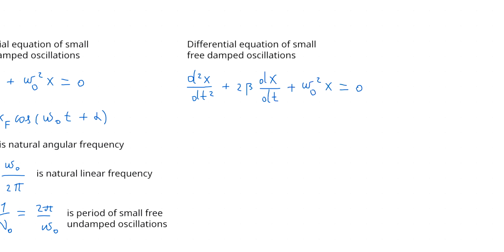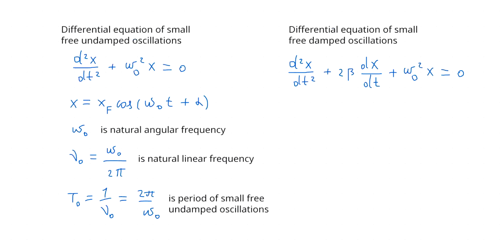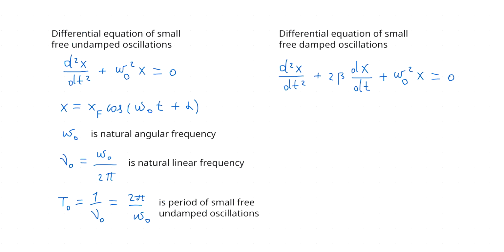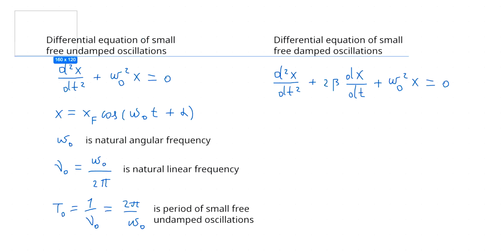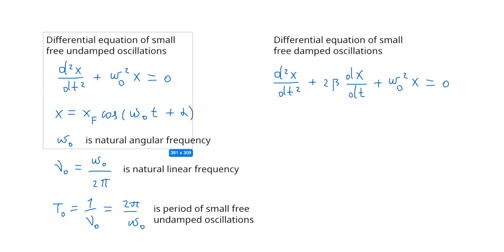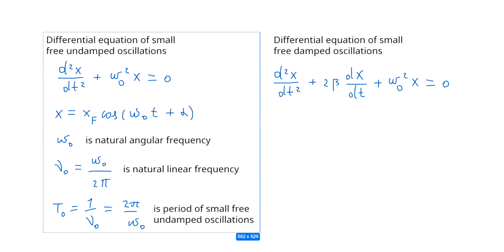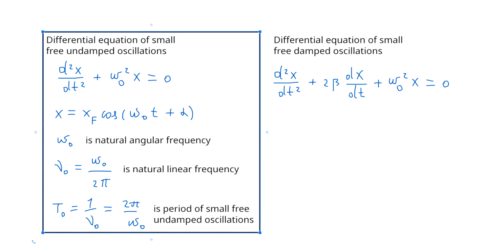So this is differential equation of small free damped oscillations. And we have made substitution. I just need to frame this in red.